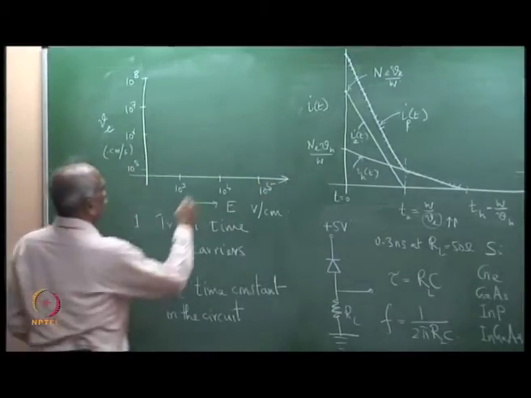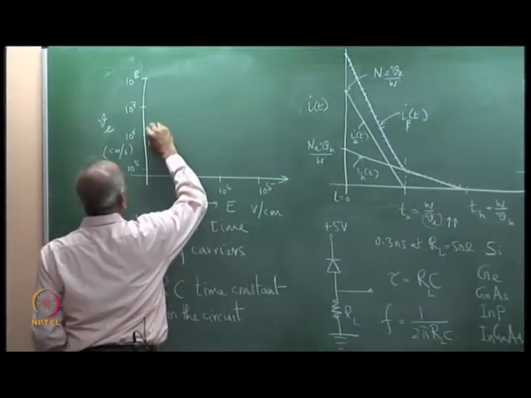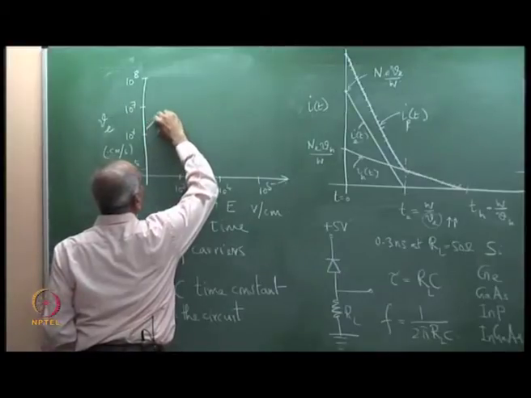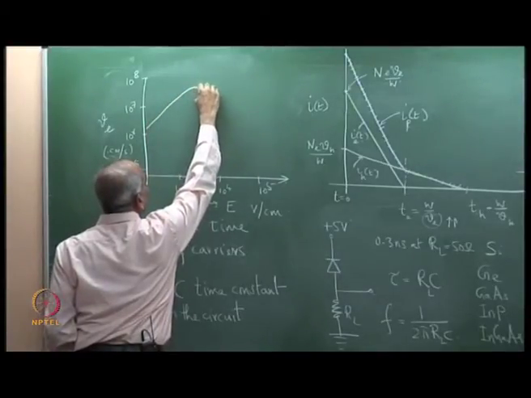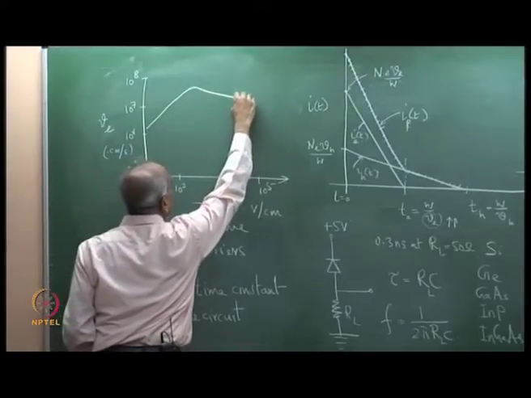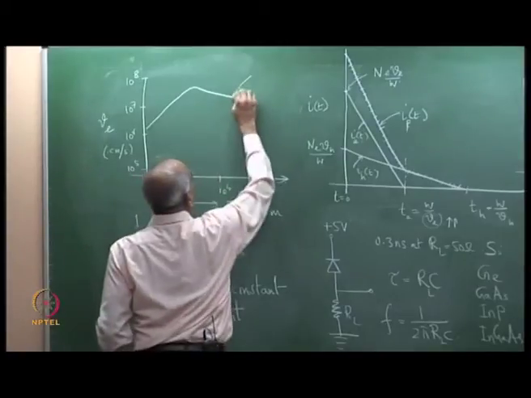We can plot this, and typically for indium gallium arsenide it looks something like this, greater than 10 power 7, and then drops something like this. It is highest for indium gallium arsenide.